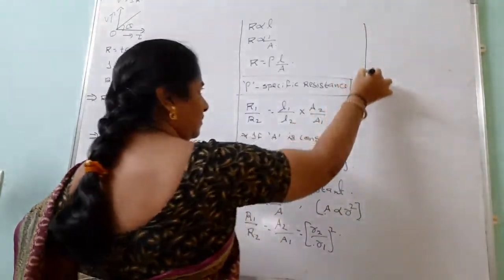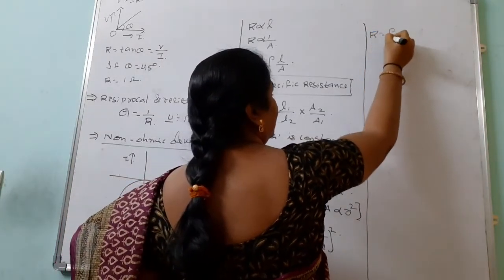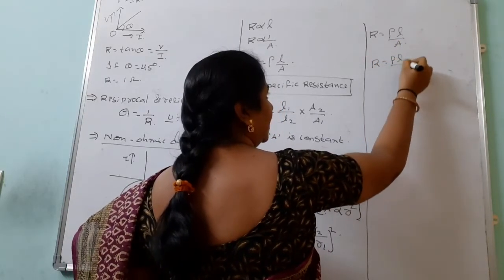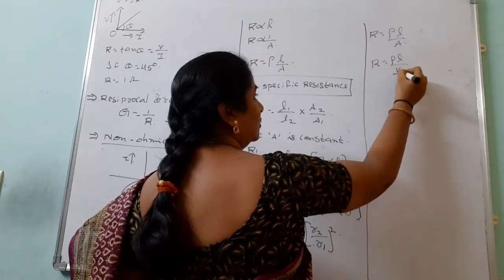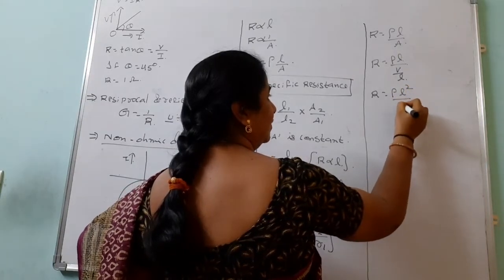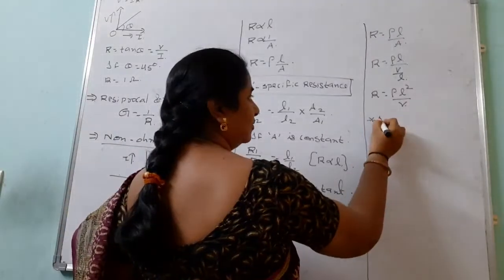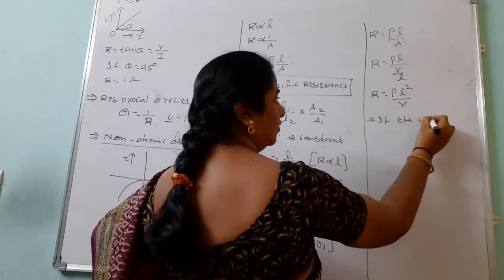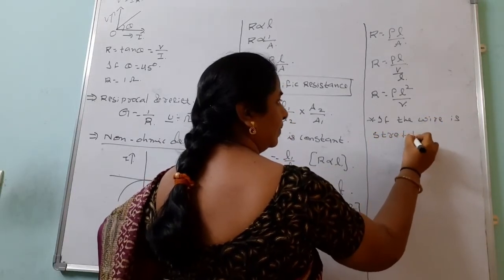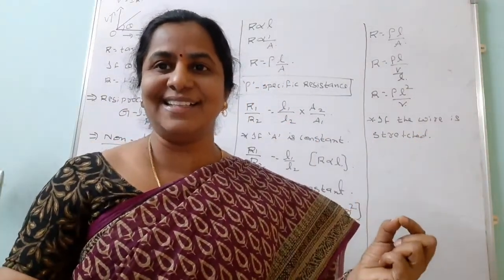See, resistance equals rho into L by A. But instead of area, how do we write area in terms of volume? Volume by length is the area. Then R equals rho into L square by V, where V is volume here. If the question says the wire is stretched, we take one wire and stretch it. Why am I stressing this?